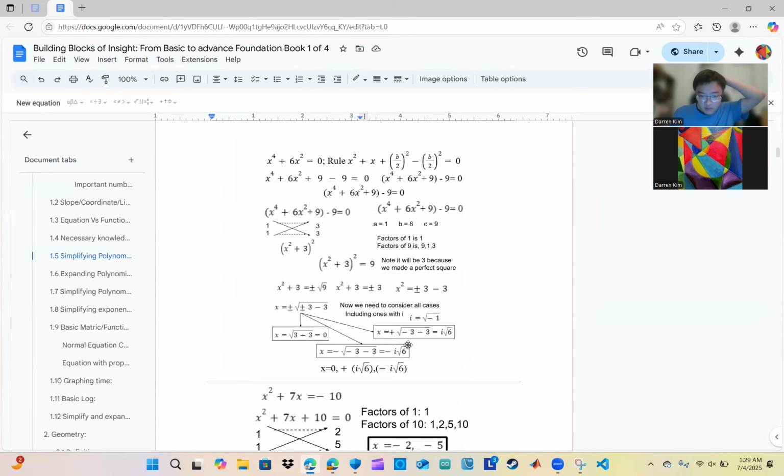Do I need to do this one? Yes, I should do this one. Okay, let's do it. x^4 plus 6x squared equals 0.